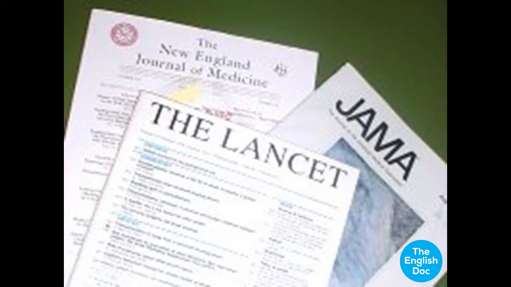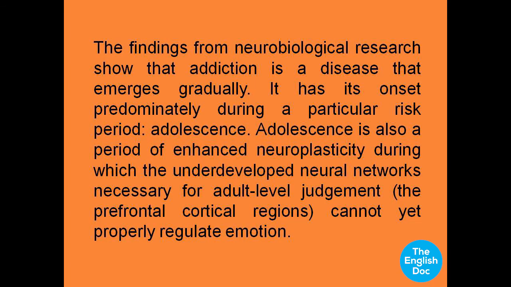Let's look at a typical extract from a medical journal. I'll read the extract. You can read along or come back and read it aloud at the end of the video. The findings from neurobiological research show that addiction is a disease that emerges gradually.